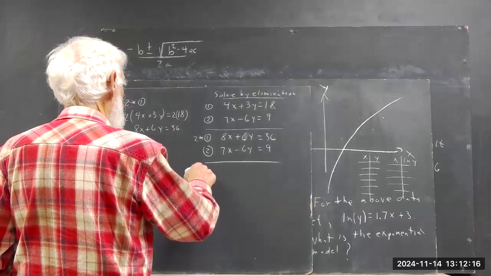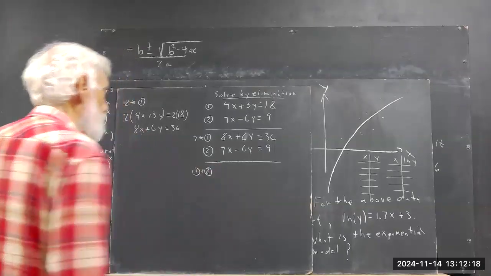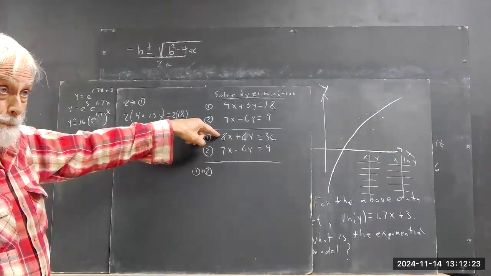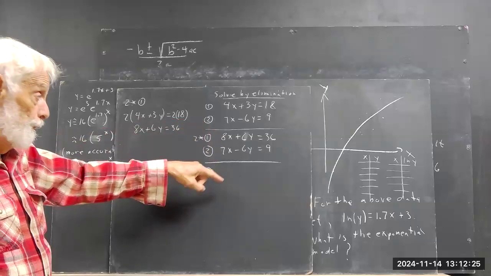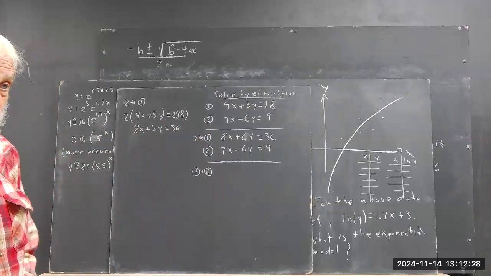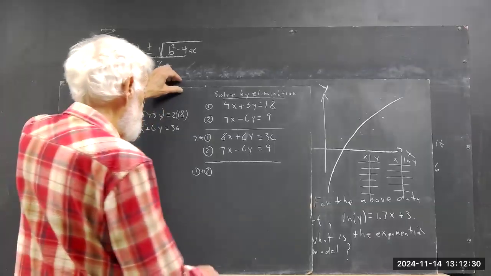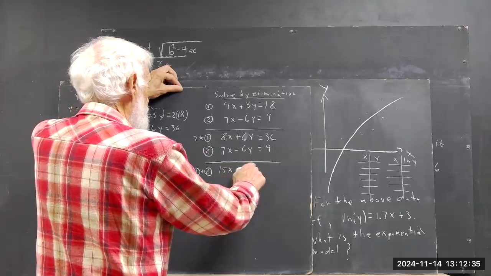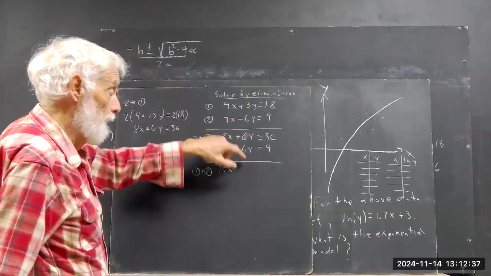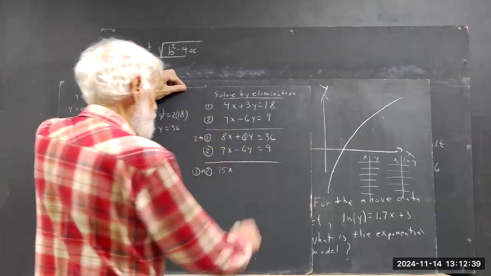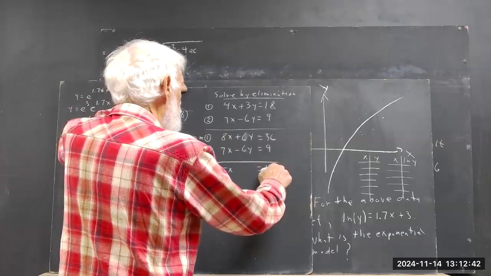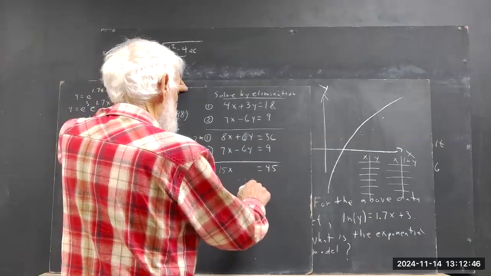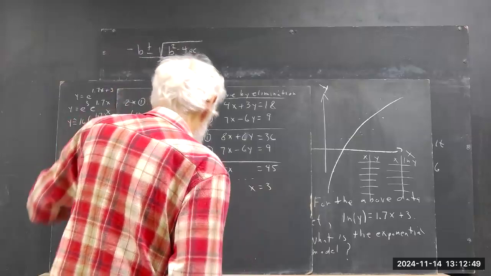I'm going to say 1 plus 2, meaning equation 1 from the previous step added to equation 2 from the previous step. And that's going to give us 8x and 7x gives us 15x. And we get no y because 6y minus 6y is 0, equals 45. And we quickly solve that. And we get x equals 3.